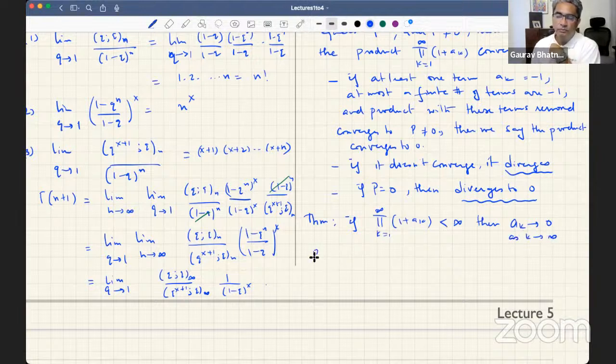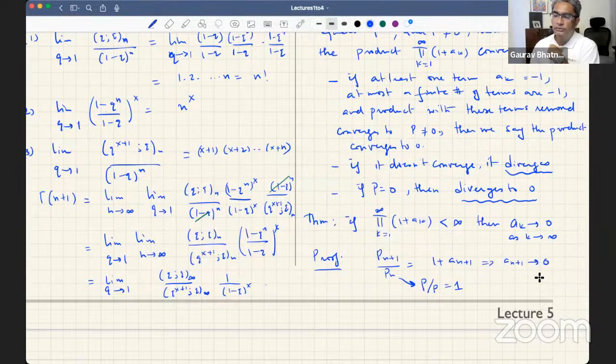The proof is very easy. We consider P_{n+1} over P_n, the partial products, and that's equal to 1 plus a_{n+1}. And if it converges to something non-zero, this one goes to P over P, which is 1. So this implies that a_{n+1} goes to 0.